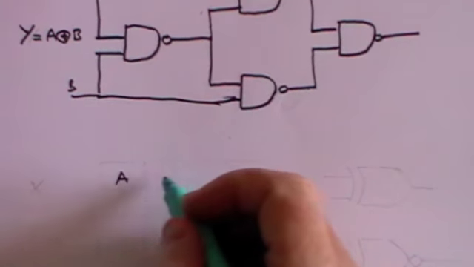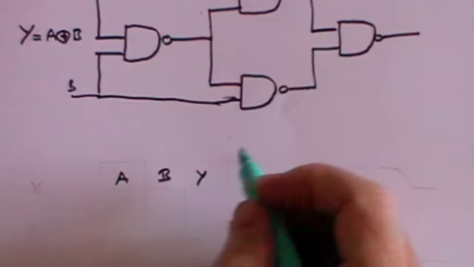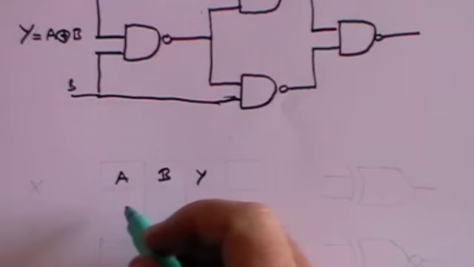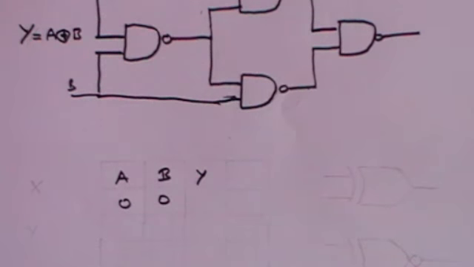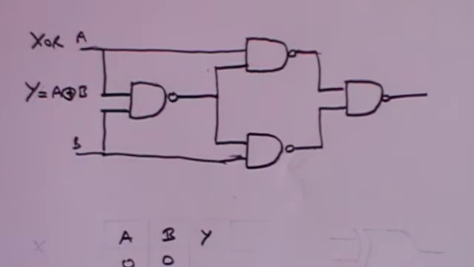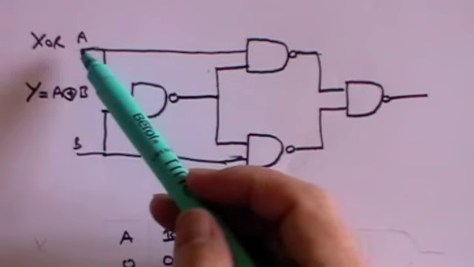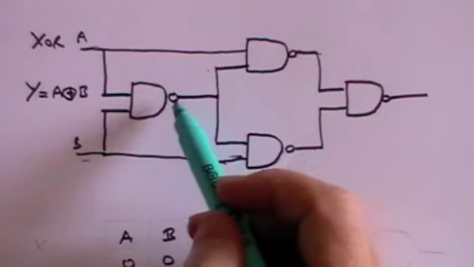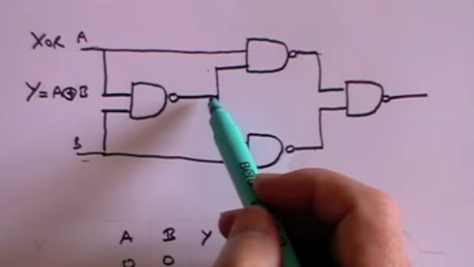We've got A and B, and we've got Y, which is the output. And let's start off with A and B both being 0. And remember that the point about a NAND gate is that you get an output in all circumstances unless both the inputs are positive. So we've got 0 coming in here, 2 zeros, that will give us a positive output.